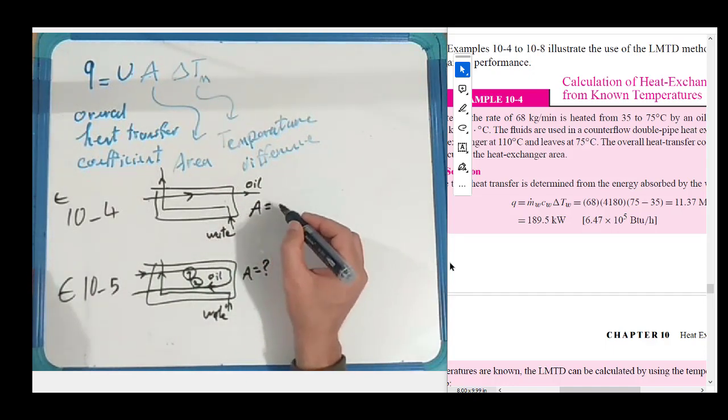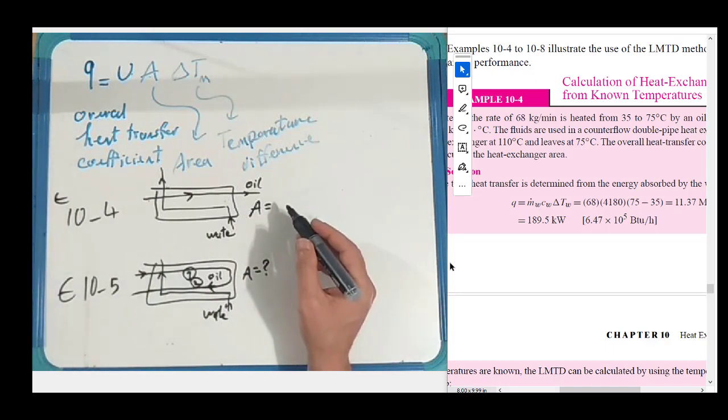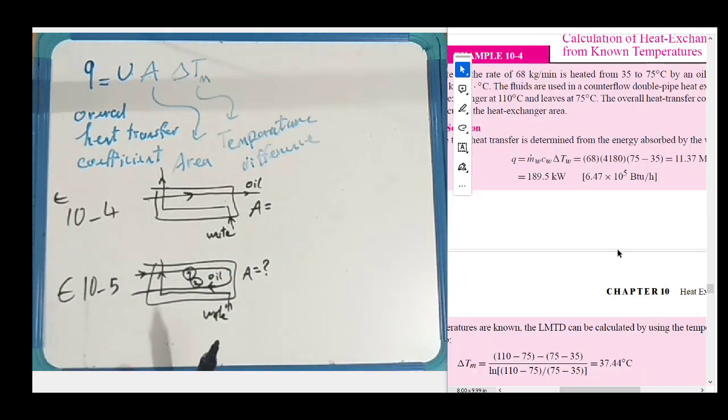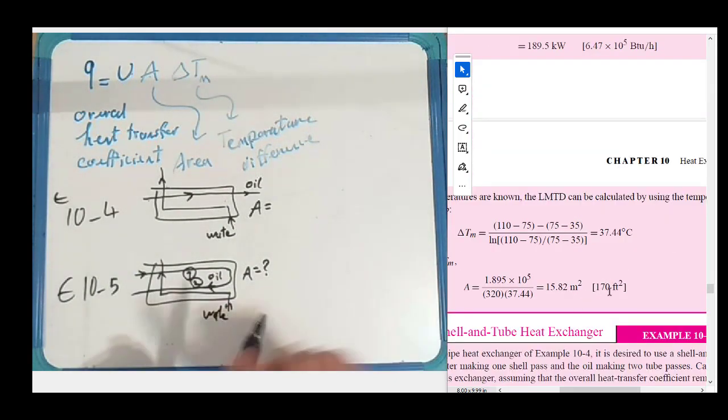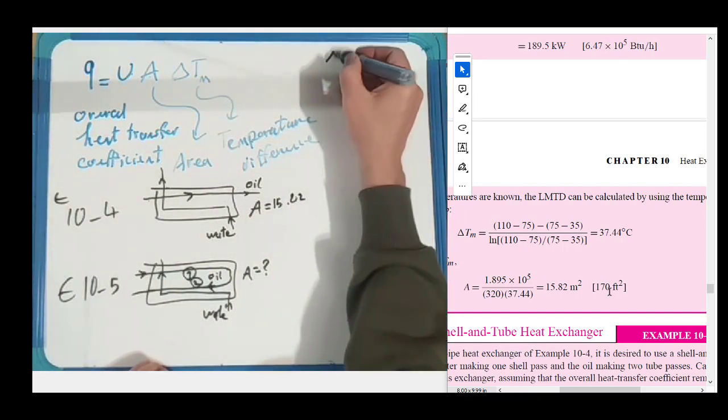We knew the A for this example, which, as you can see in this problem, was 15.82. Let me write it here.